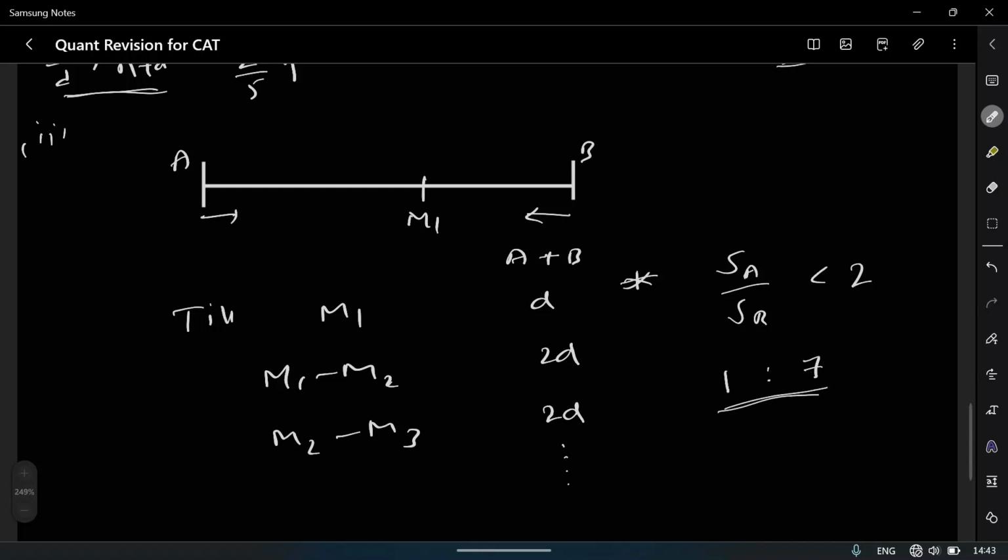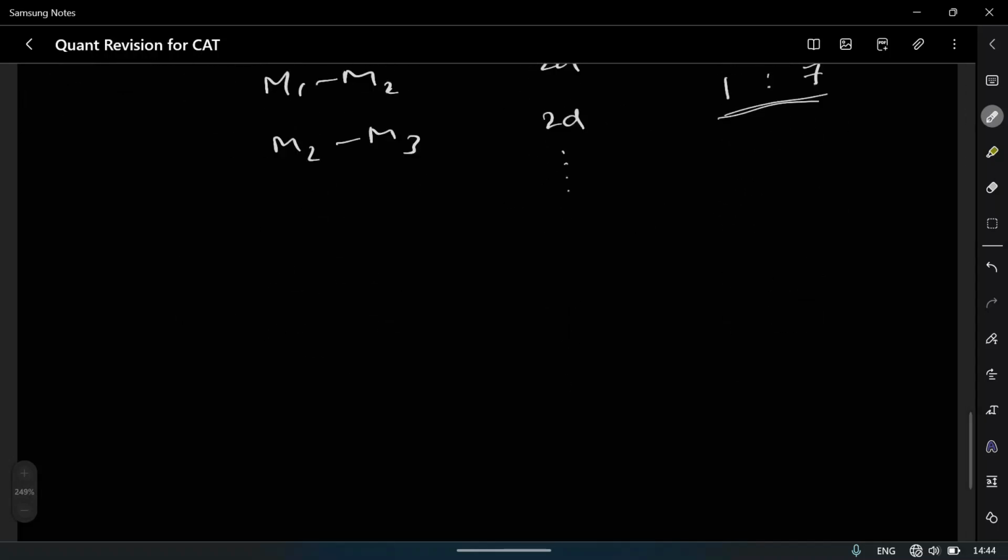Let us take the same example and cut it into 8 parts. One, two, three, four, five, six, seven, eight. So this is the meeting point M1.